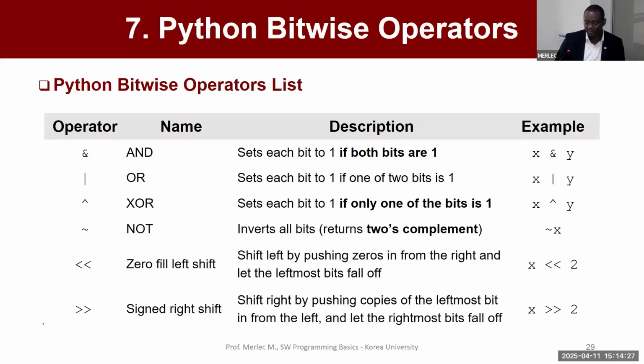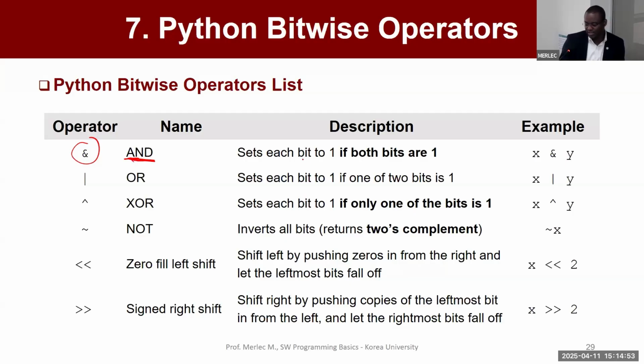In terms of bitwise operators in Python, here is the summary. You have this sign, which is used to represent the AND operator, which can also be represented at the physical level using electronic components. This sign represents the logical operator on the binary digits.